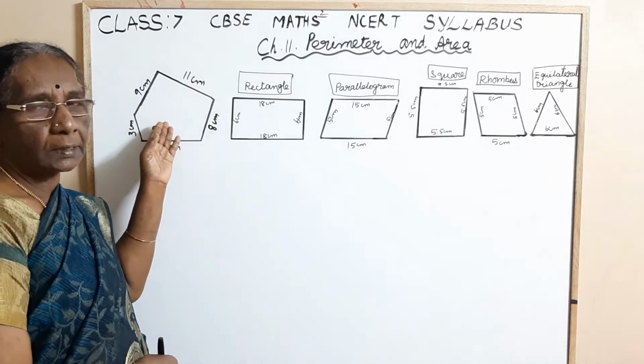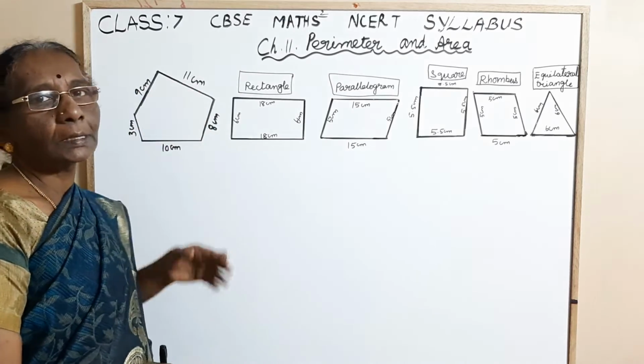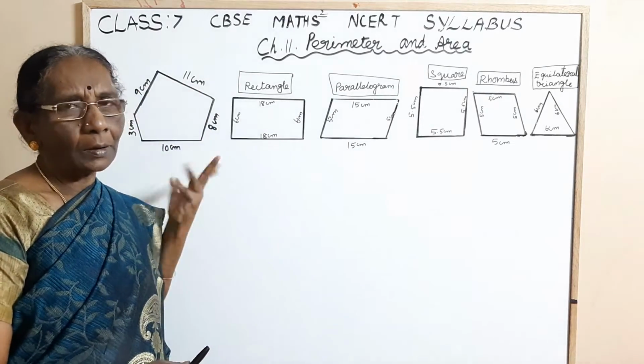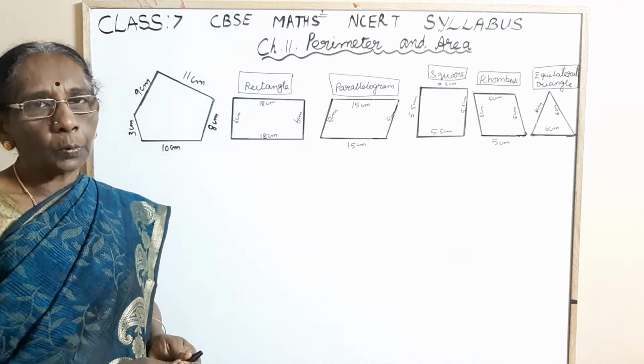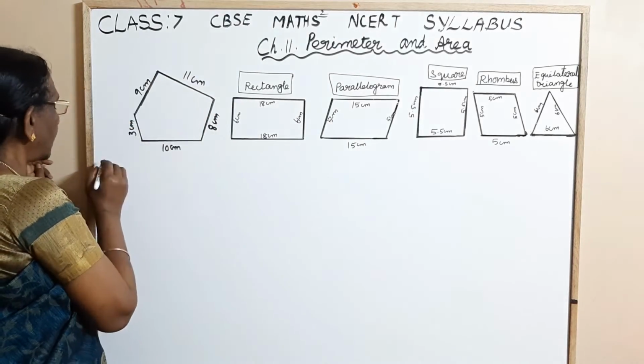What's the name of this shape? It has how many sides? 5 sides. So, it is a pentagon. And all the sides are not equal. So, what should you do? Let us add the lengths of all the sides.